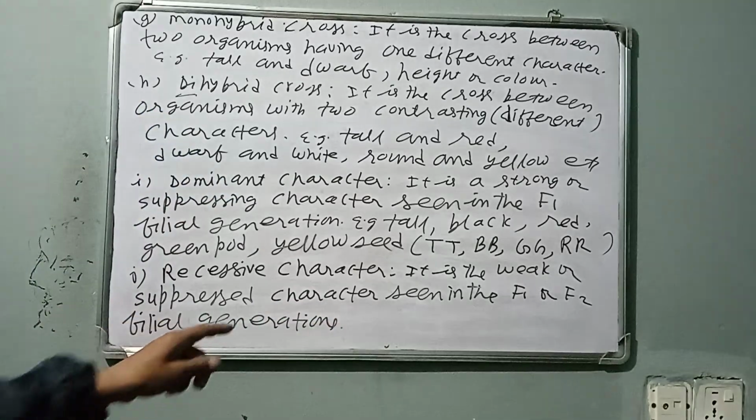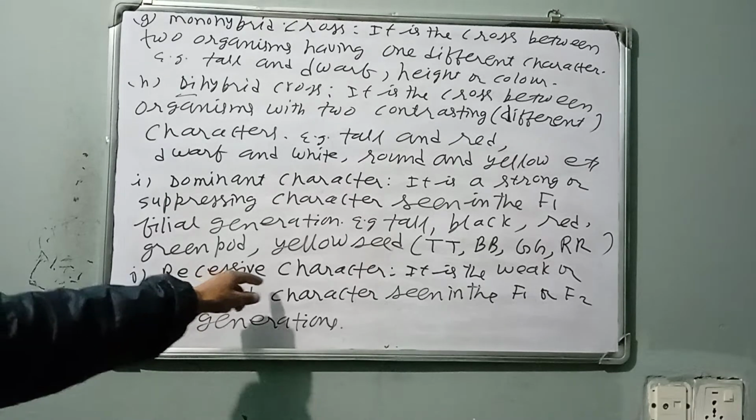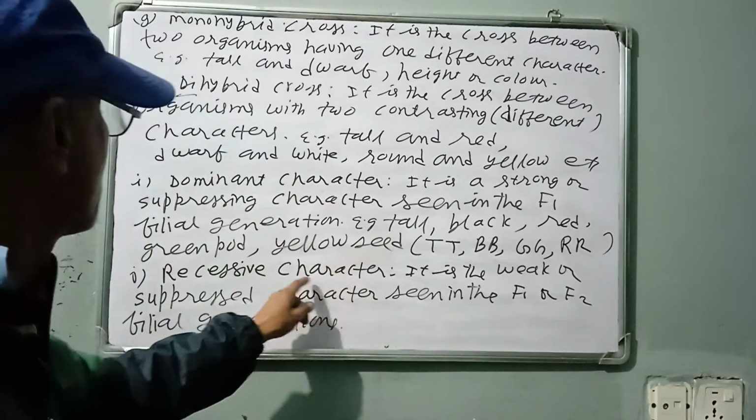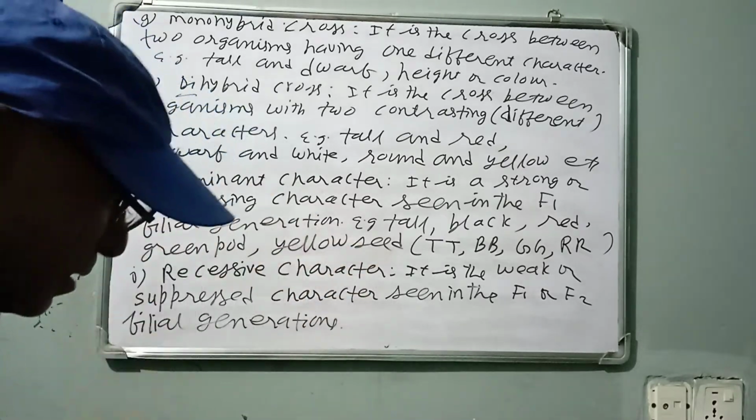We can see the recessive character later on, but in the first filial generation we cannot see it. It is there, but we cannot see the recessive character, although it is hidden.